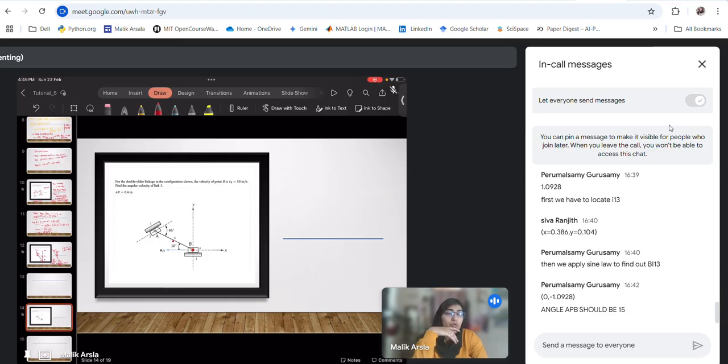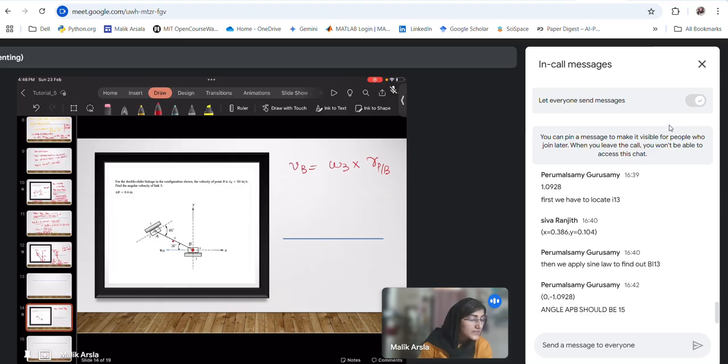So how should we do it? We can simply write VB equal to omega of link 3 cross R of BP, or R of PB, because it should be the distance of the instantaneous center with respect to the point which you are looking at.